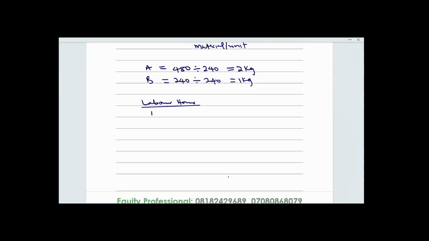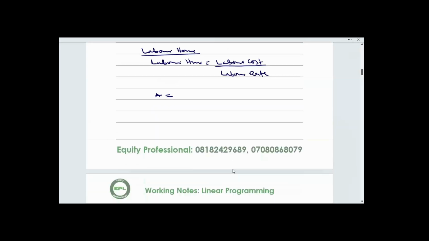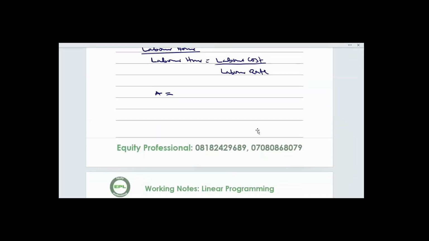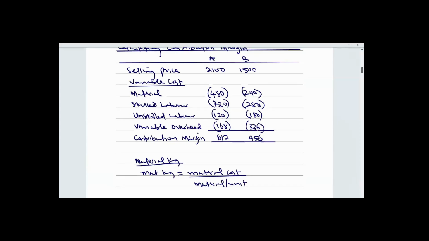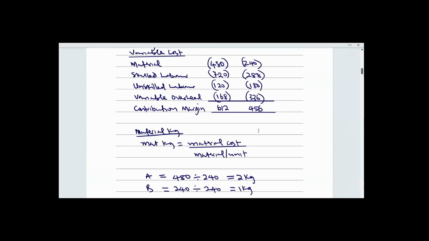For grade A, labor hour is labor cost divided by labor rates. We have two types of labor.